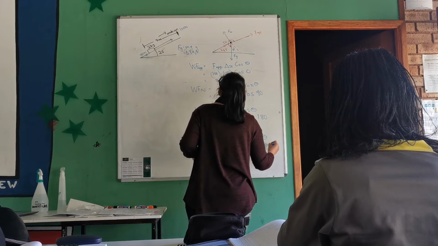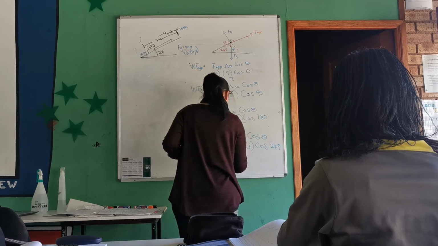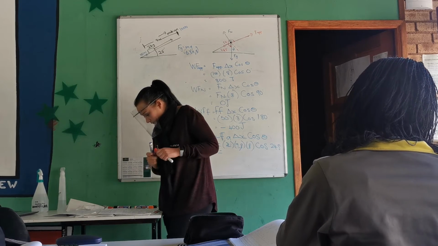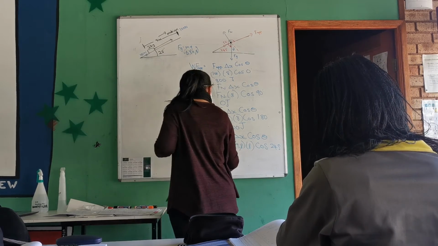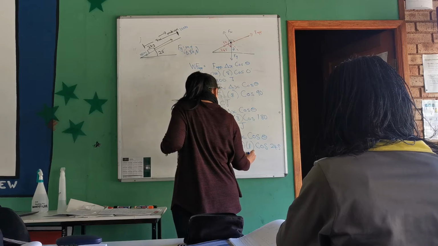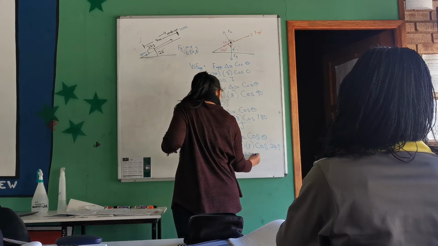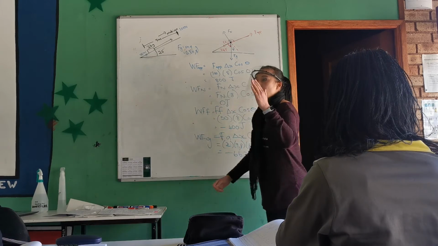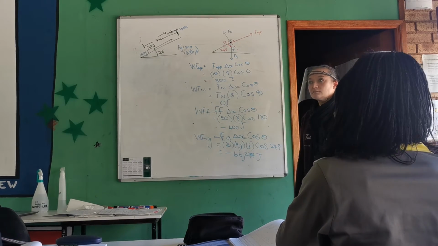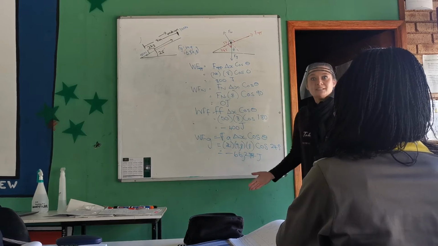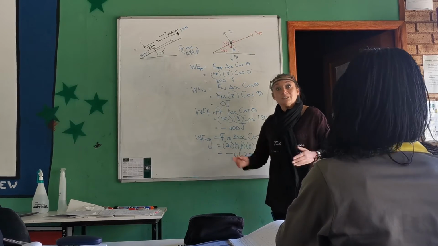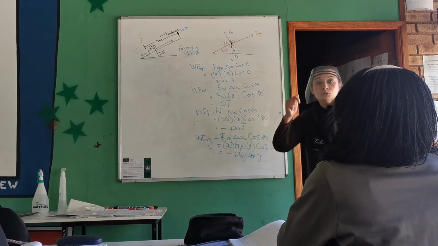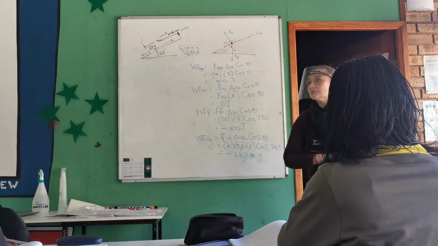Then the cos, my angle that I've calculated is 245, and I get an answer of minus 66,27 joules. Does the negative value make sense? Yes. It has to make sense because remember, Fg in this instance removes work or removes energy from the system.